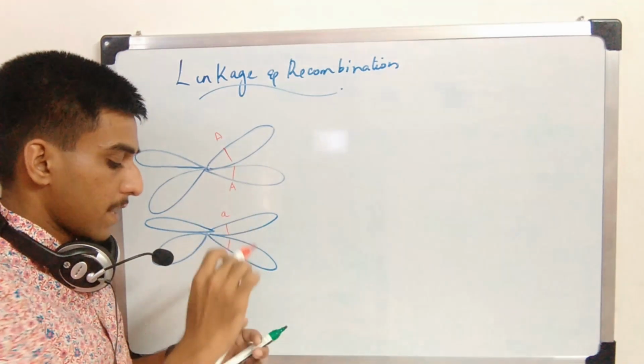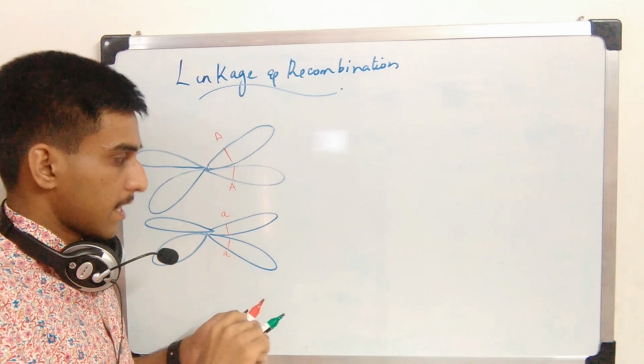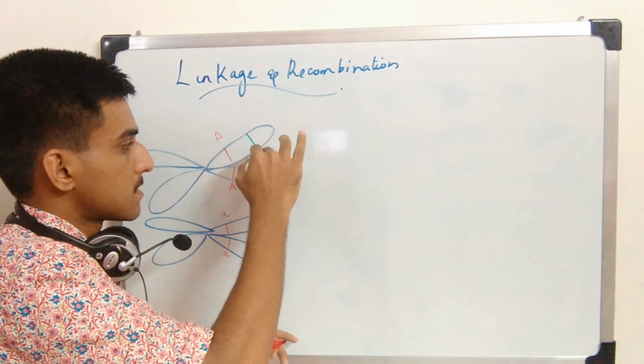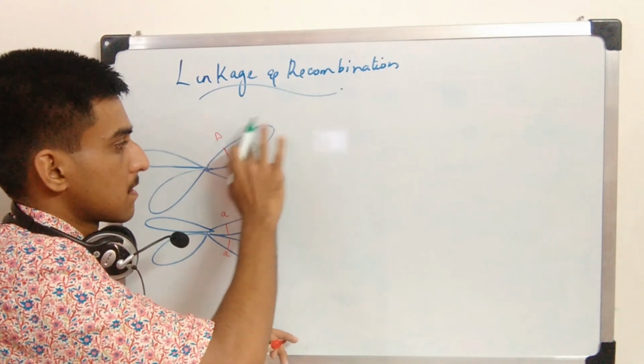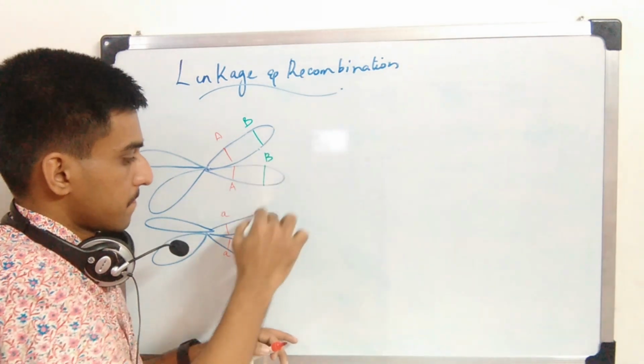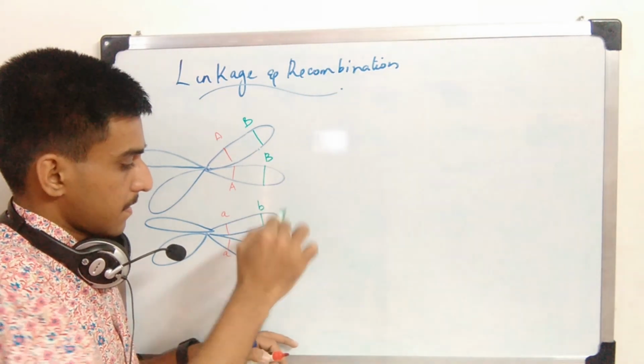This is known as the locus of a gene, the position where the gene resides. I am taking another gene, gene B, and its allele, the alternative form.